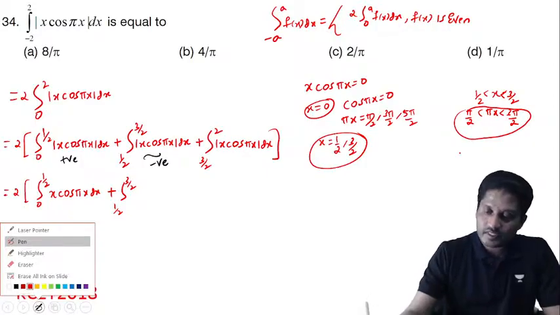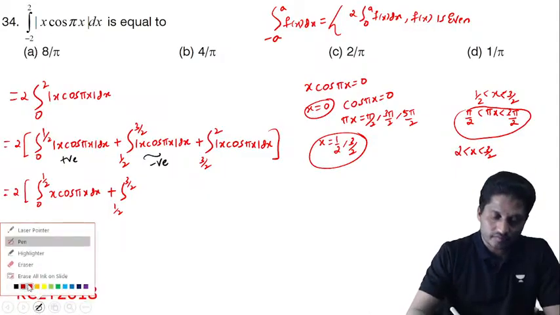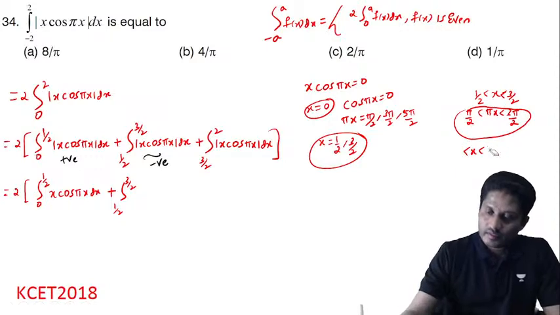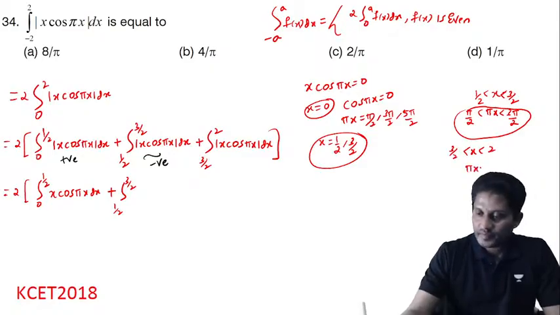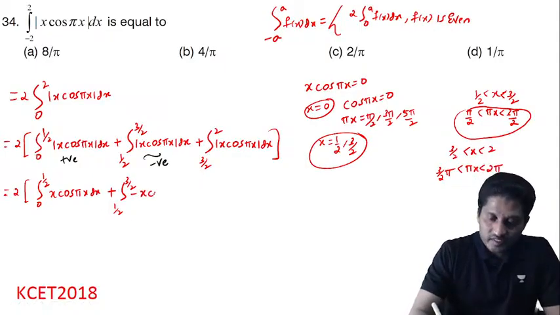If x lies between 3 by 2 and 2, then pi x lies between 3 by 2 into pi and 2 pi. Cos is positive in the fourth quadrant. So the middle part is negative, you get minus x into cos pi x.